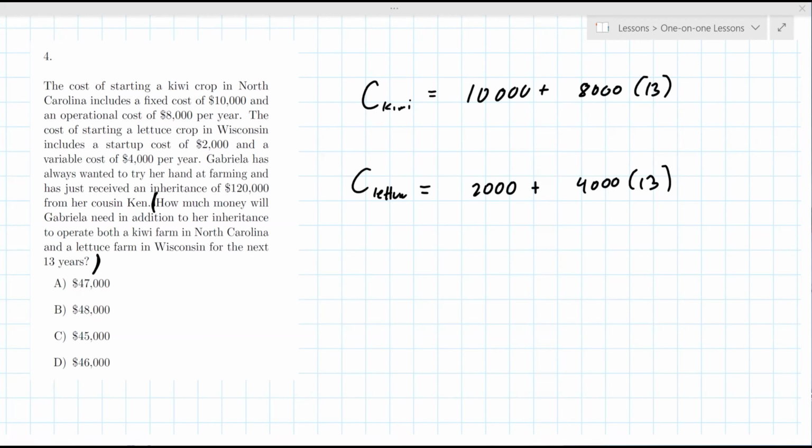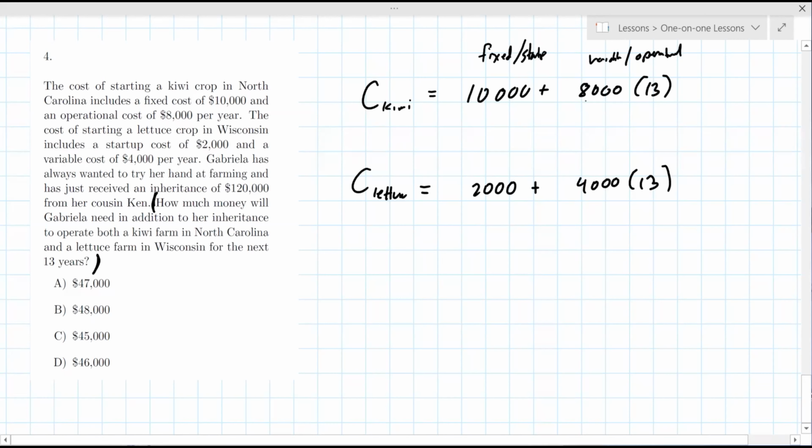You have to be able to write down these equations. This is the fixed cost, slash startup cost. Those are two names that you might see. This is the variable, slash operational. What does it take to operate the business for a year, and get these numbers.